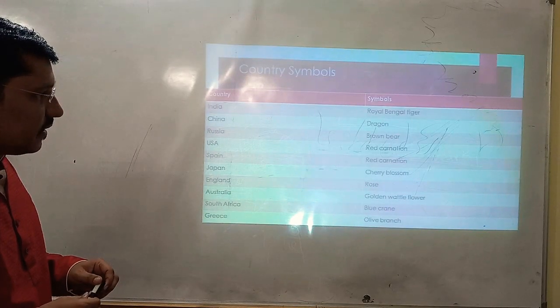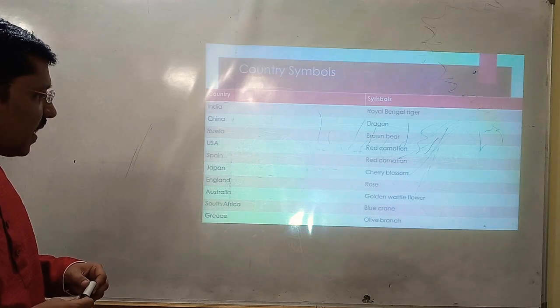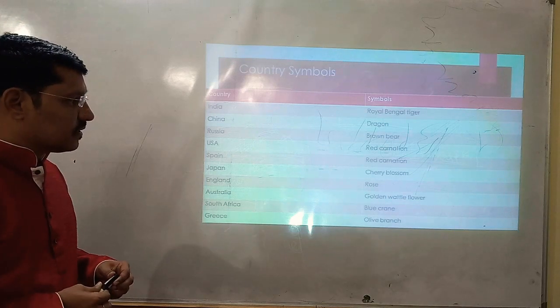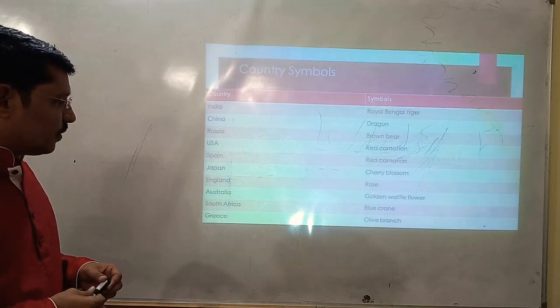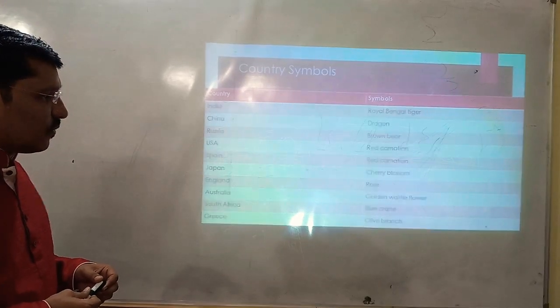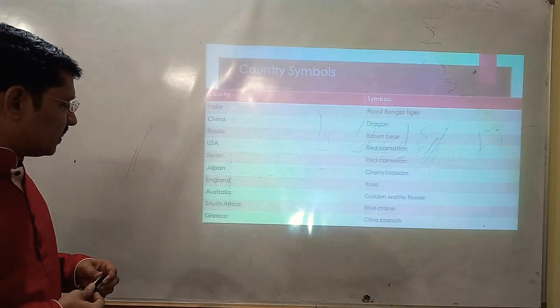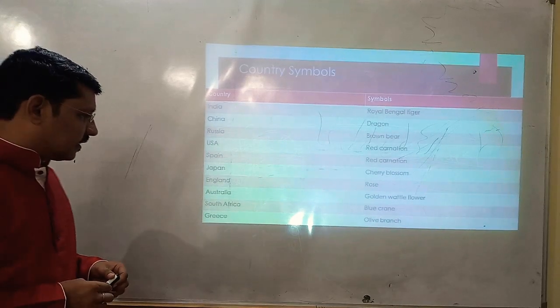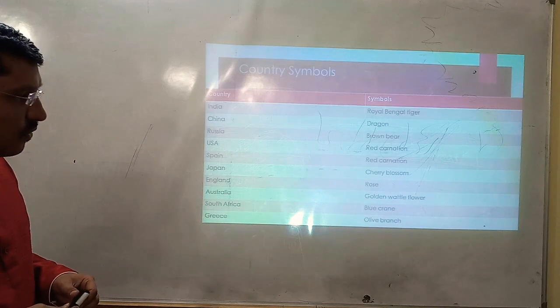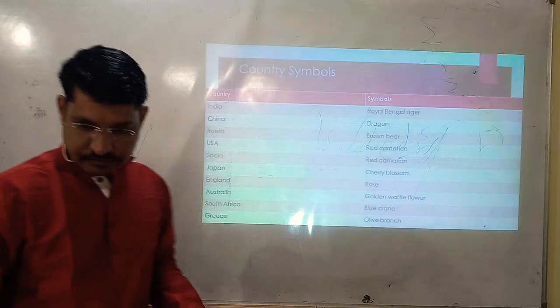Both are the same, USA as well as Spain. And Japan, cherry blossom. England, rose. Australia, golden wattle flowers. Then South Africa, blue crane. Greece, olive branch.